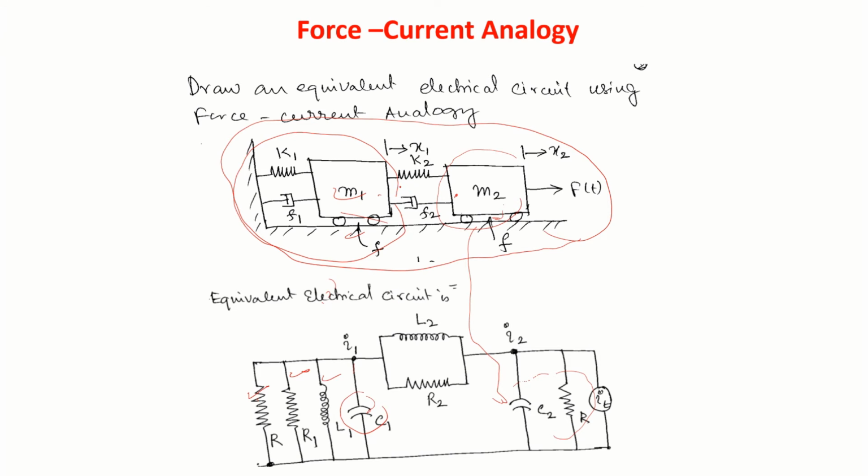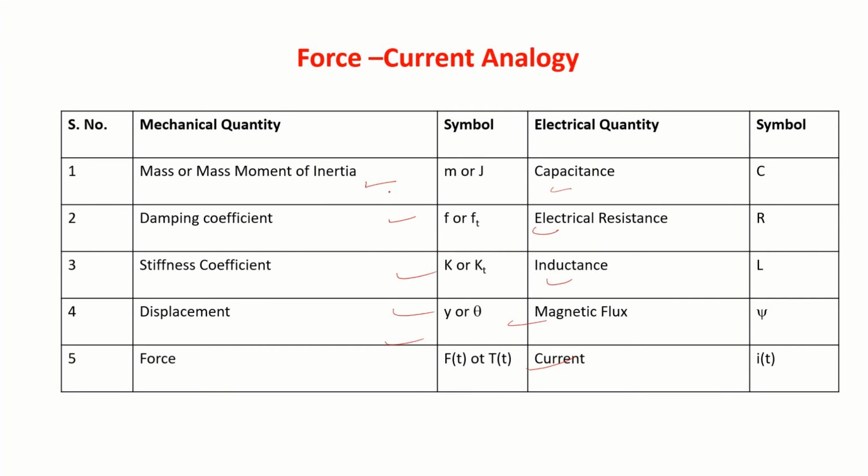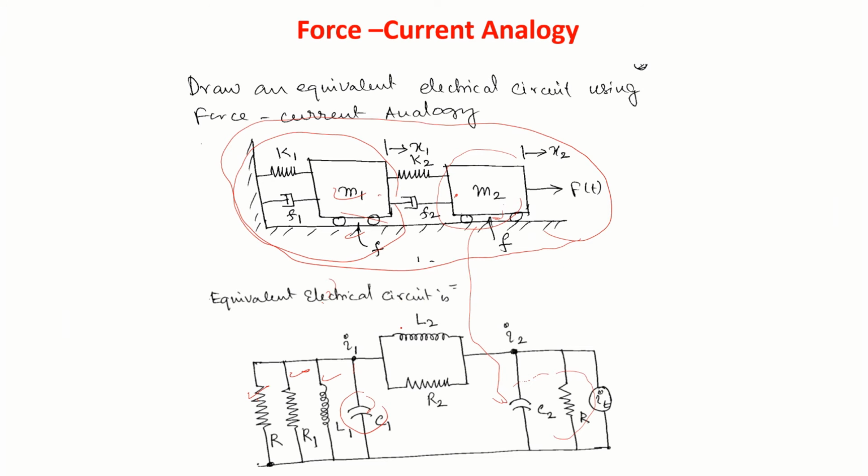Spring is equivalent to inductance, so that's why inductance is shown there, and the damper is represented by resistance. These two are common to both the circuits. So now this mechanical circuit is represented by this electrical circuit, and each force is represented by an equivalent current. That's why it's called force current analogy.